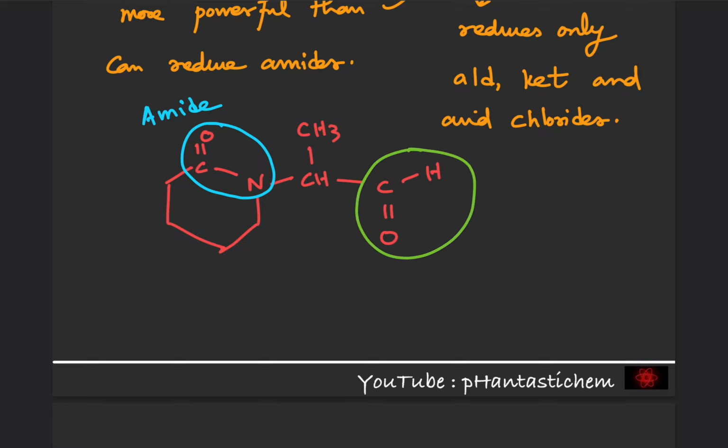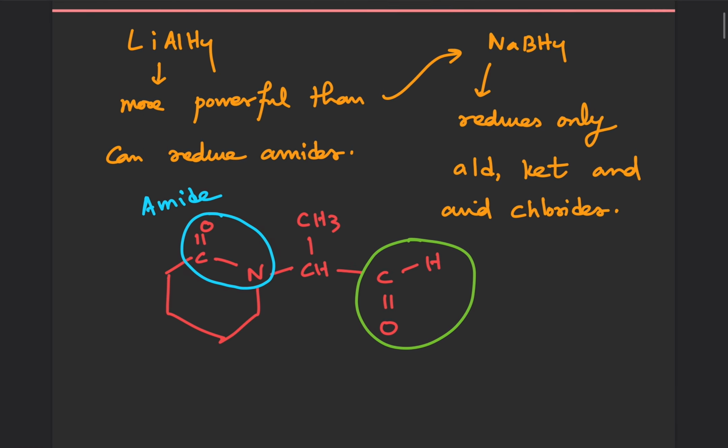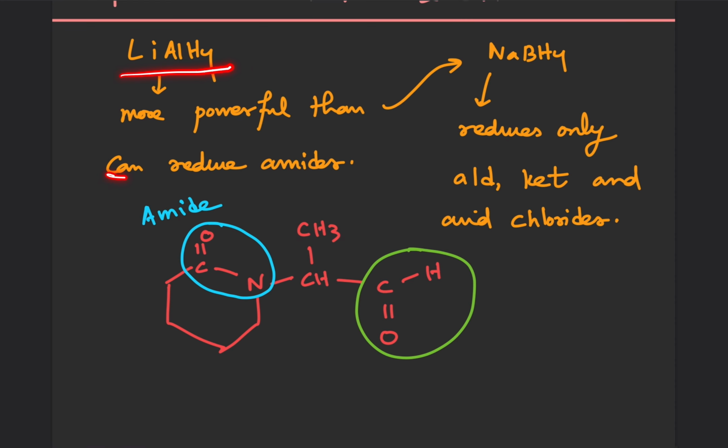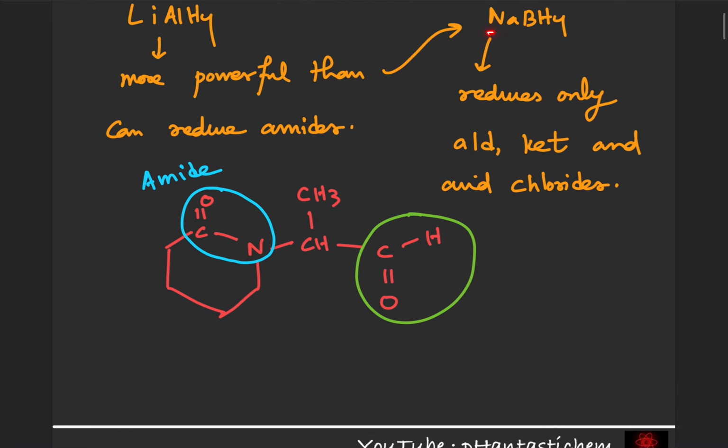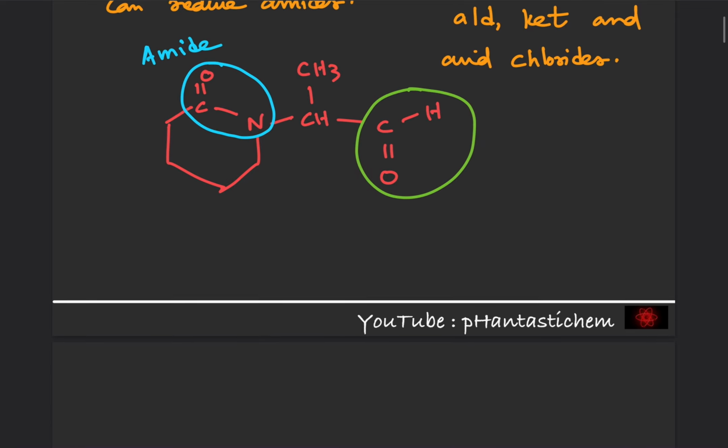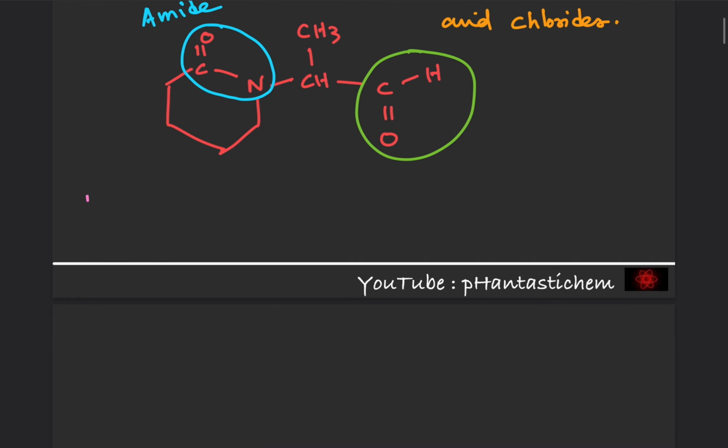Since our first reagent is NaBH4 in the presence of alcohol, it won't affect the amide group, because I have already mentioned that LiAlH4 can reduce amides, NaBH4 cannot. But it will reduce the aldehyde group to a primary alcohol or 1-degree alcohol group.